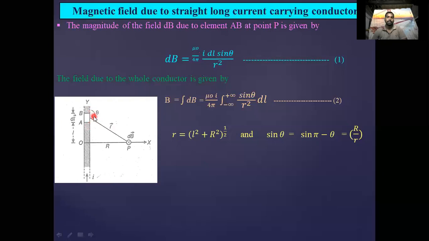So sin(π − θ) = R/r. This R value we know, so substituting the r value here, sinθ = R / (L² + R²)^(1/2).